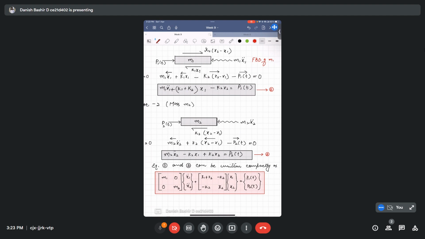So this is what we got. If we multiply this matrix with this vector, we will again get equations 1 and 2 separately.